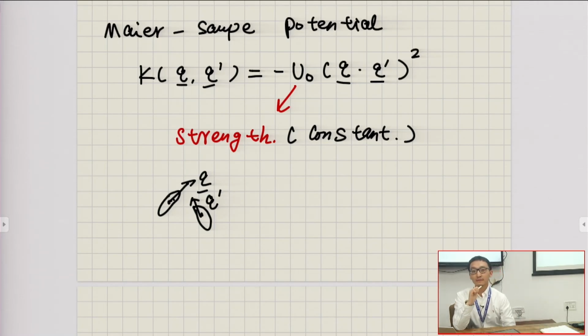We want them to try to align, and if you increase U0, then they're going to be strongly aligned.